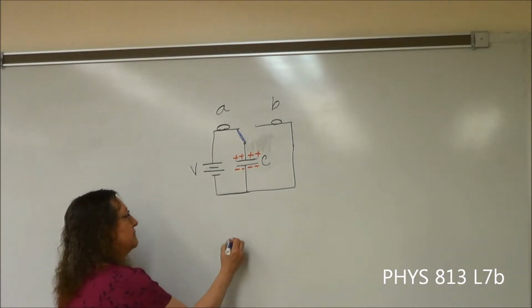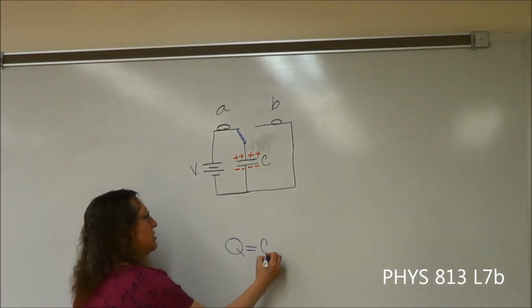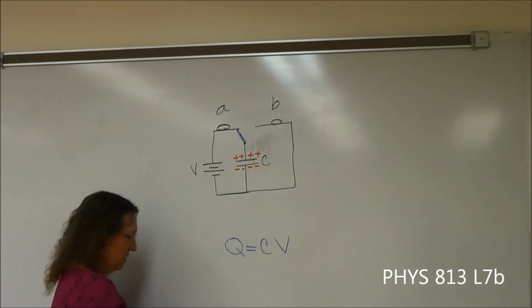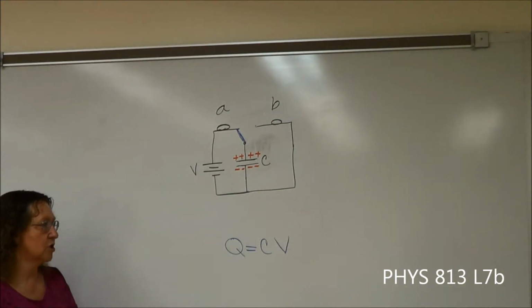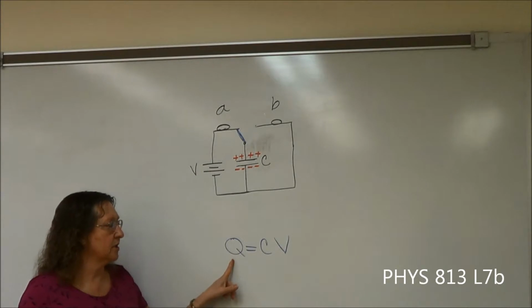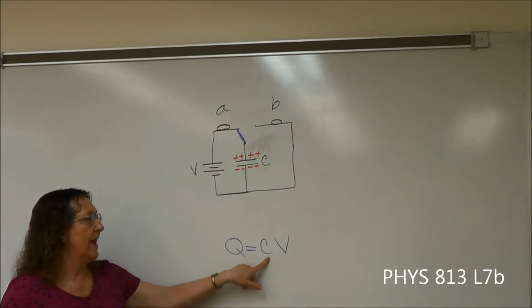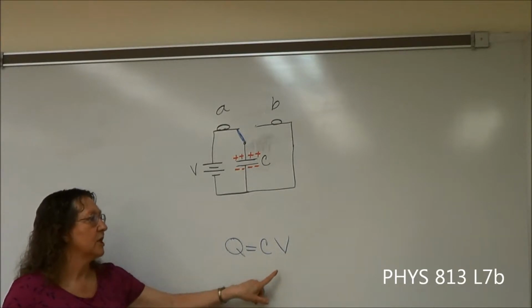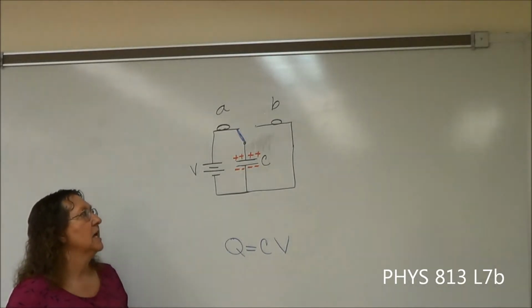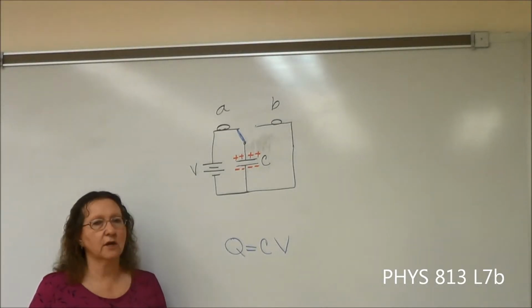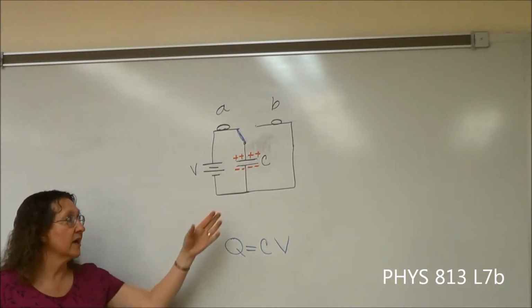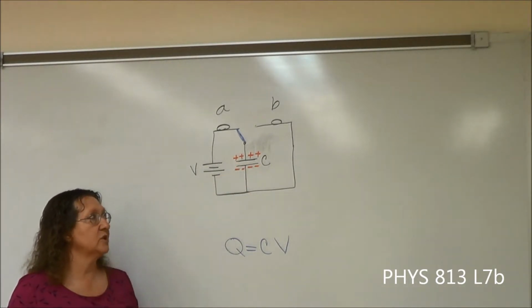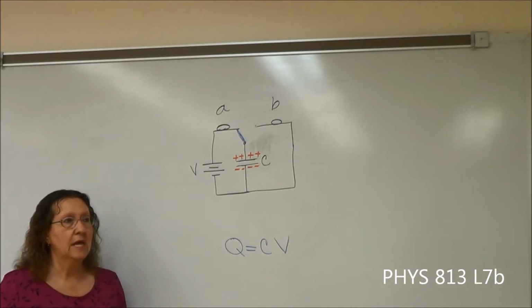The equation is that charge is equal to CV. Q is charge, so the maximum charge on the capacitor is the capacitance of the capacitor times the voltage. The capacitance is a number that's characteristic of the actual construction and the geometry of the capacitor.